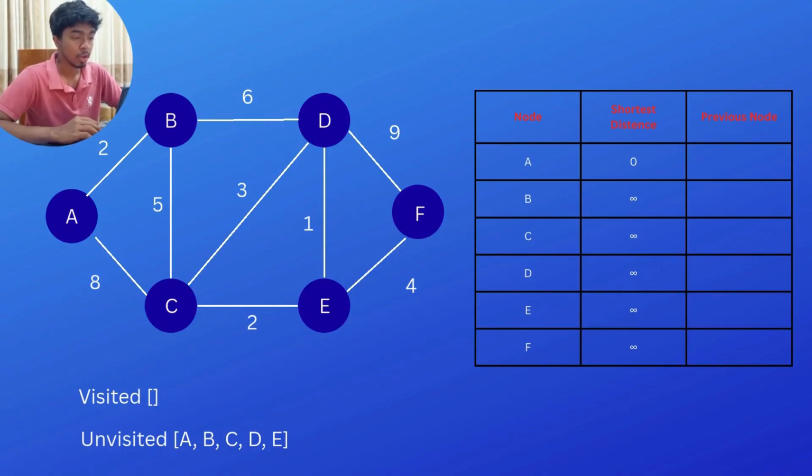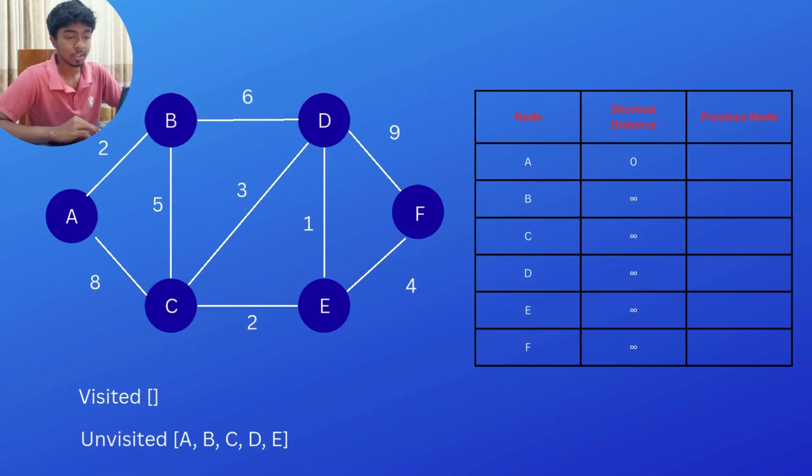So therefore, we can use this table on the right, which consists of three columns. In the first column, we have the node. In the second column, we have the current shortest distance from A to this node. So at the beginning of the algorithm, we know nothing of any distance to any other node than A. So we set A to 0 because the distance from A to A is 0, and every other distance we set to infinity.